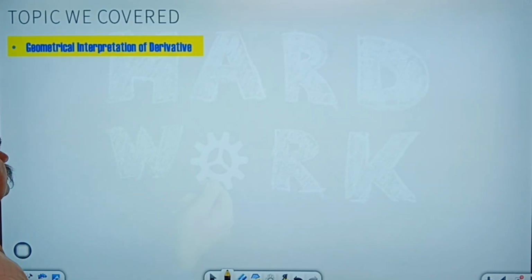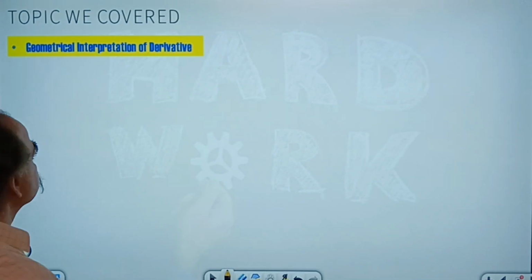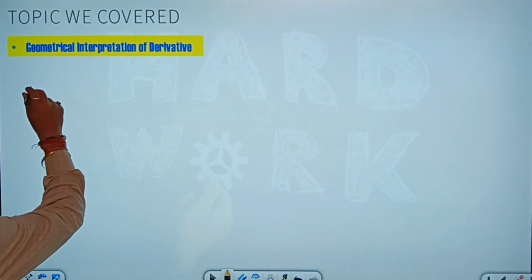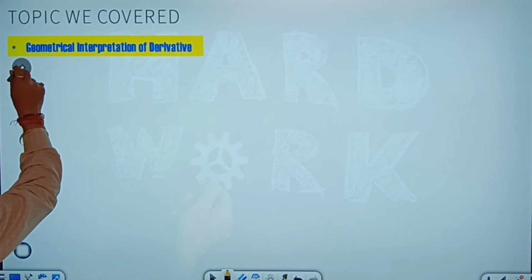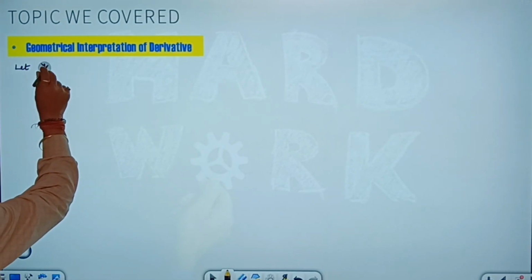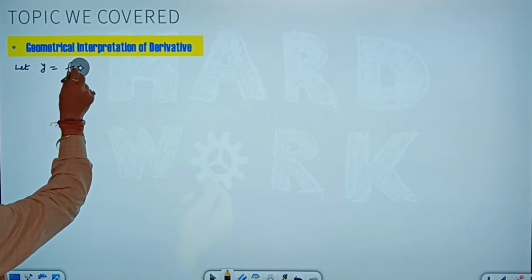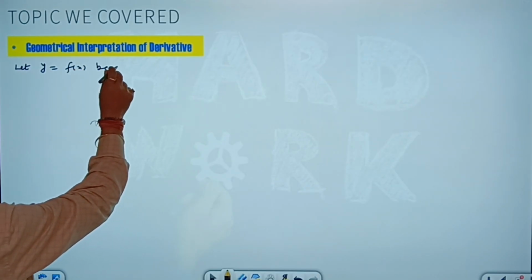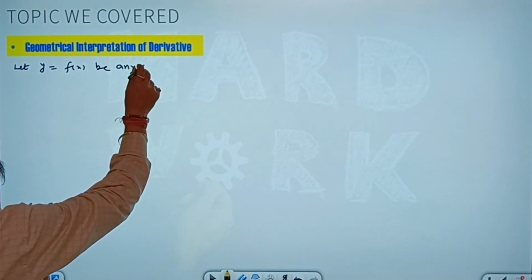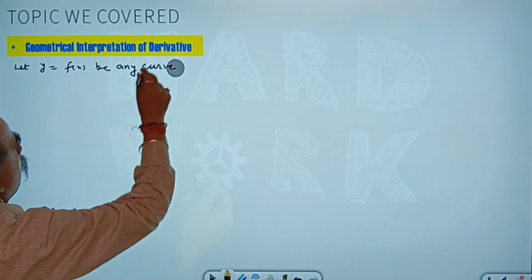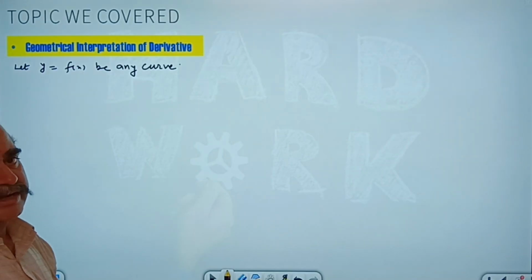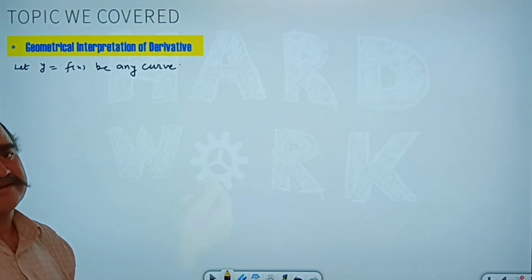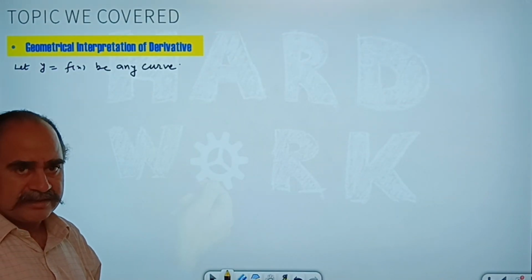Geometrical interpretation means, what do you mean by derivative geometrically? Let y is equal to f(x) be any curve. Now what do you mean by y is equal to f(x) being any curve? y is equal to f(x) means the y coordinate of any point on the curve is expressed in terms of the x coordinate.